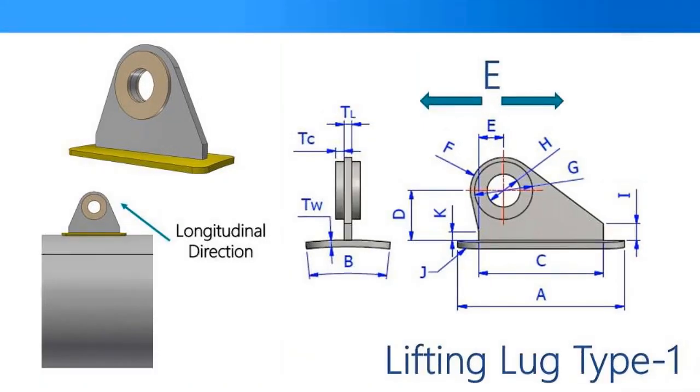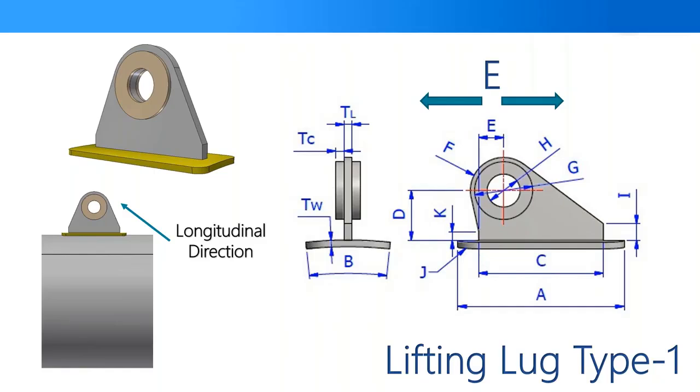Here, for example, the first lifting type, you can use it in a longitudinal direction, and you have the ability to move the hole from left to right, and that will give you some options.